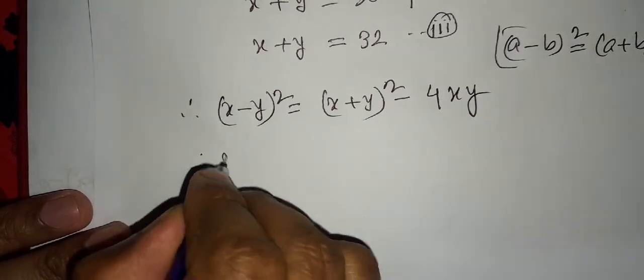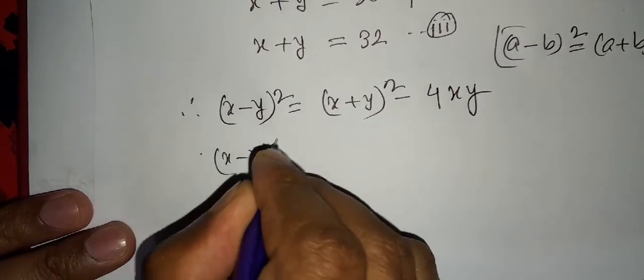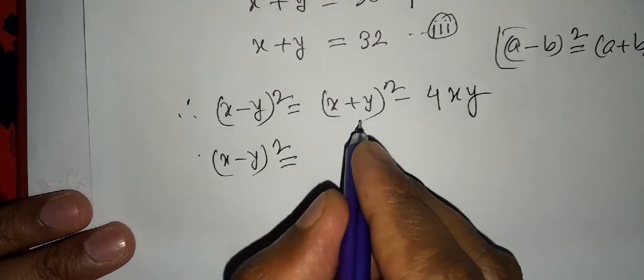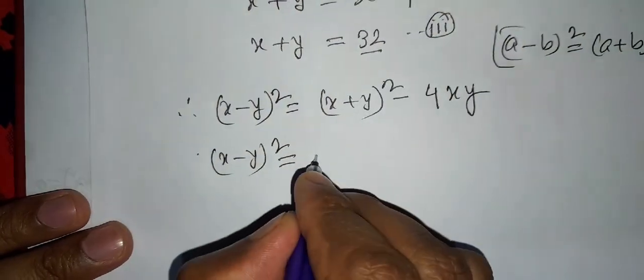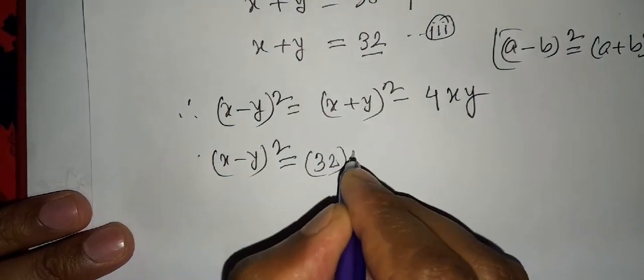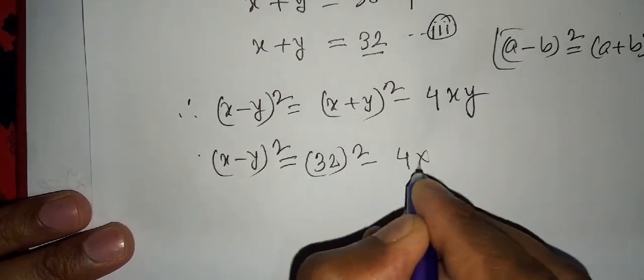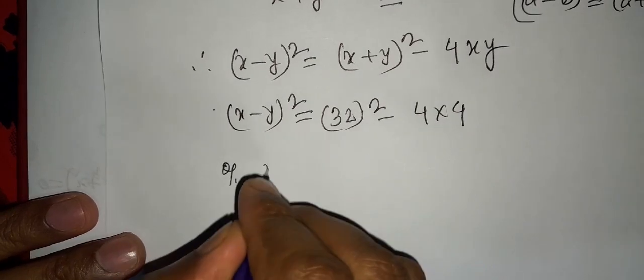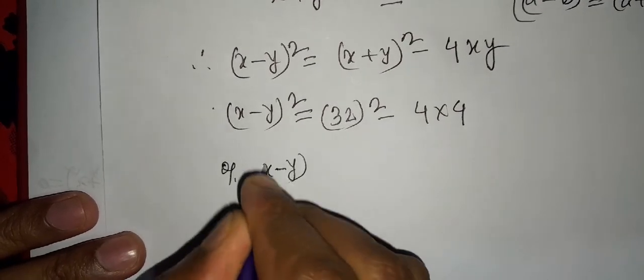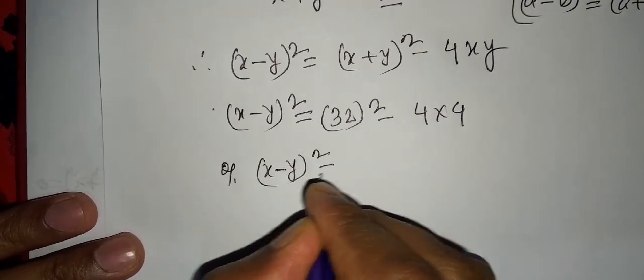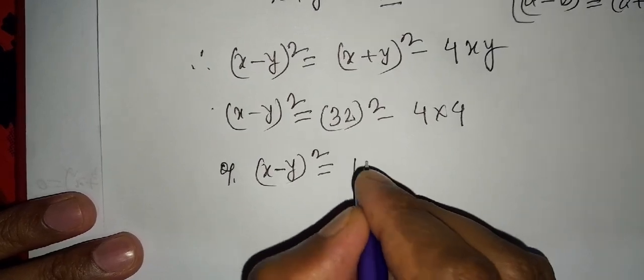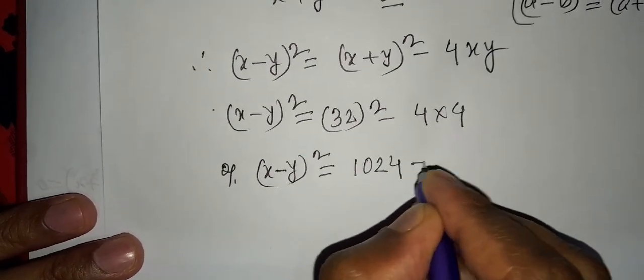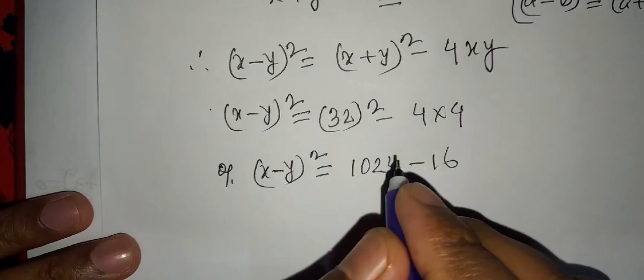Here we can write (x minus y) whole square equals (x plus y) equals 32 whole square minus 4 into 4. (x minus y) whole square equals 1024 minus 16.